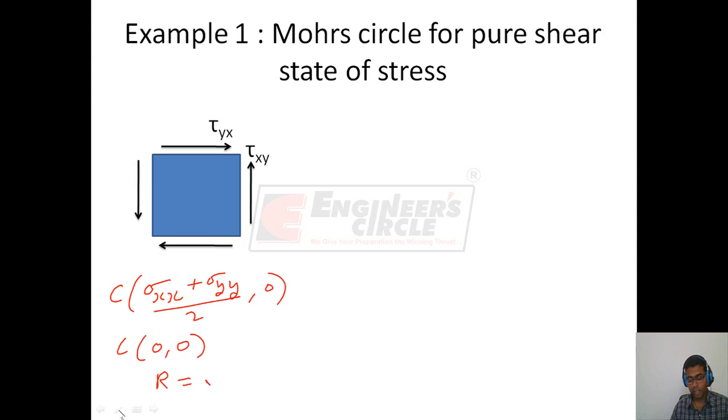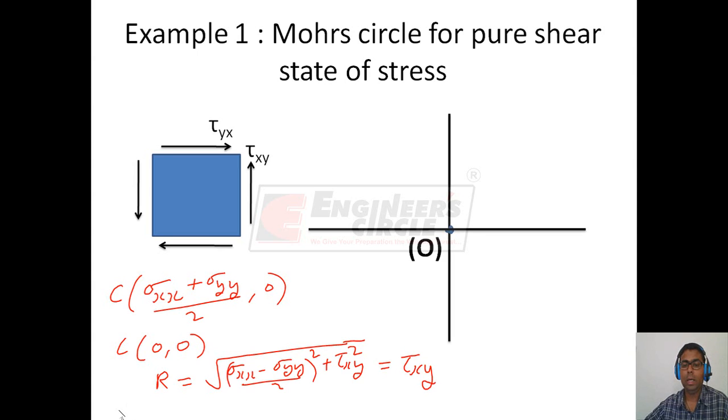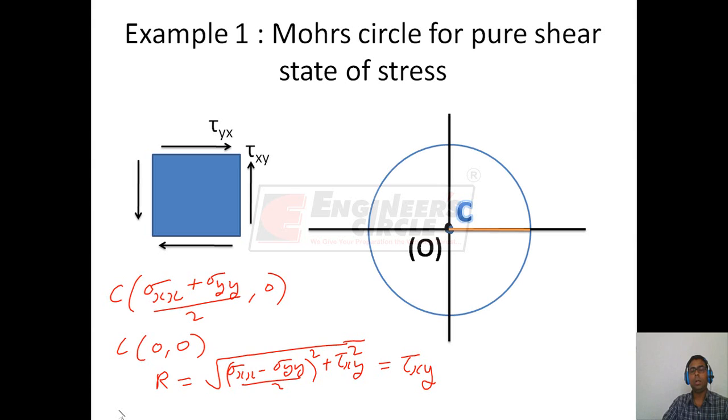The radius of Mohr's circle is given as square root of ((sigma xx minus sigma yy)/2) whole squared plus tau xy squared. Therefore, we get the radius of Mohr's circle as tau xy. To draw the Mohr's circle, we first make Mohr's coordinates. Now the center is coinciding with the origin and the radius is tau xy. Therefore, Mohr's circle can be drawn like this. So for the pure shear state of stress, Mohr's circle has its center at the origin.